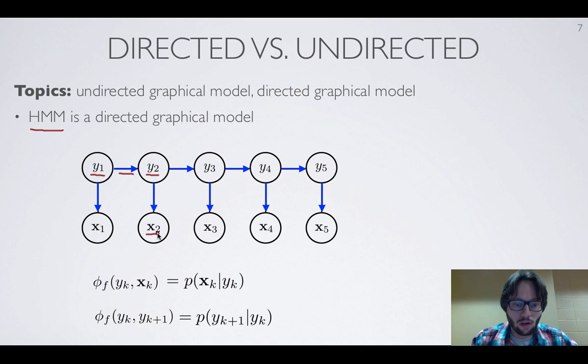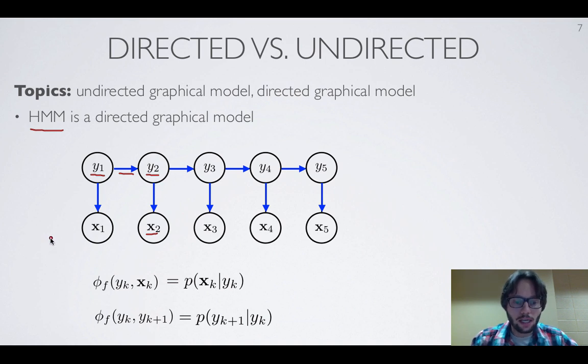The arrow from y2 to x2 would correspond to the conditional probability of x2 given y2. So the arrows are saying essentially that in the generative story behind the model, y2 was generated based on y1 only, and then x2 was generated based on y2 only.